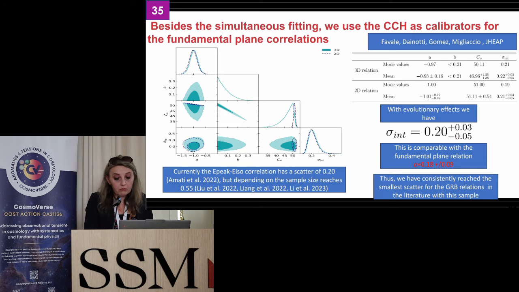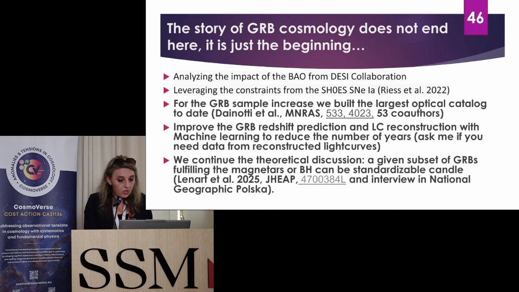Now, with Arianna and the group in Tor Vergata, we are actually extending this to add other high redshift probes. So the story of GRB cosmology does not end here.